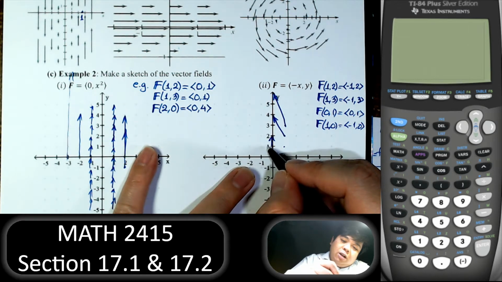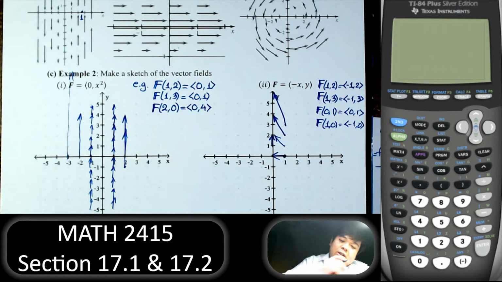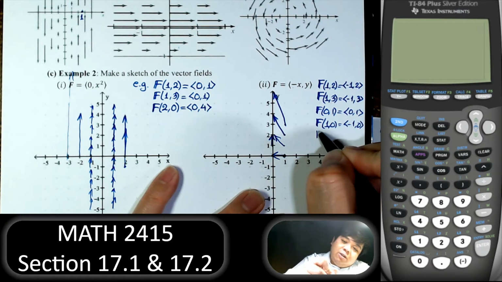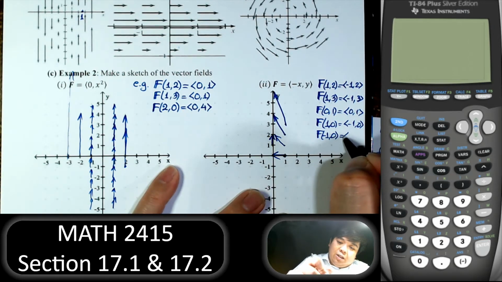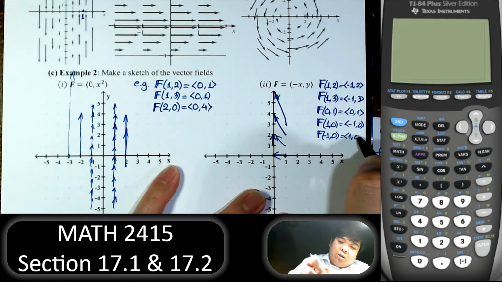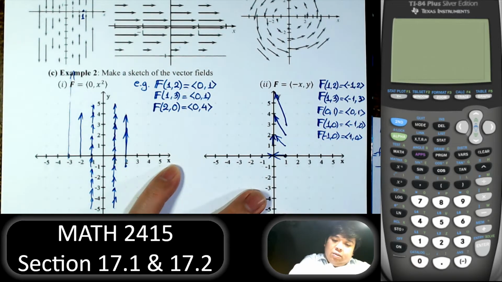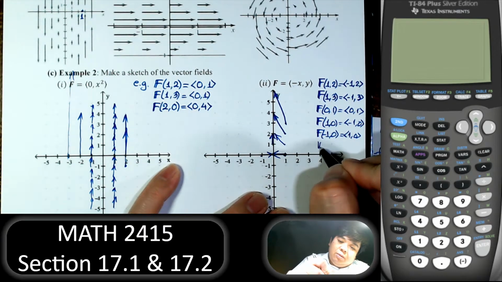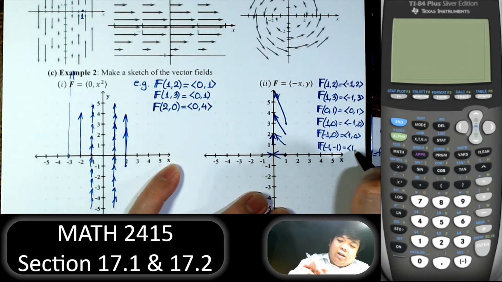(Negative 1, 0) gives (1, 0). And the last one we do is (1, negative 1).